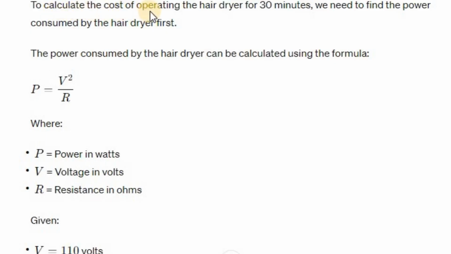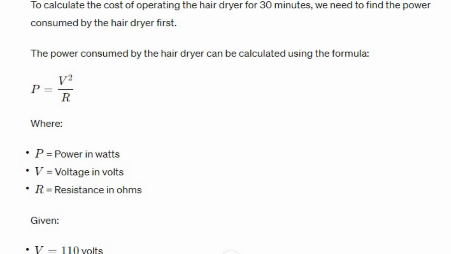To calculate the cost of operating the hair dryer for 30 minutes, we need to find the power consumed by the hair dryer first. The power can be calculated using the formula P equals V squared over R, where P is power in watts, V is voltage in volts, and R is resistance in ohms.